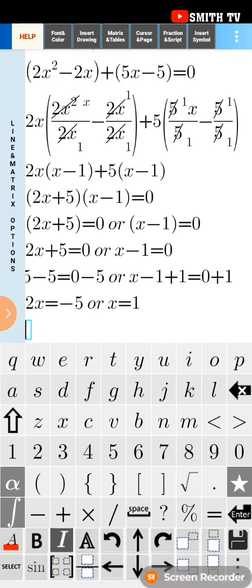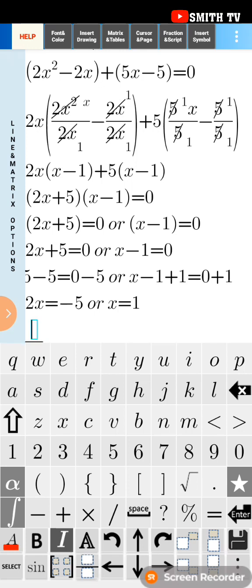I want to make x the subject. So for the first equation, let's take it as making x the subject of the formula. To make x the subject of the formula, I have to eliminate everything obstructing or hindering x from becoming the subject. That is, to eliminate that number now, I have to divide. Now the number that is not allowing x to be a subject is 2. So I'm going to divide both sides by the coefficient of x, which is 2.